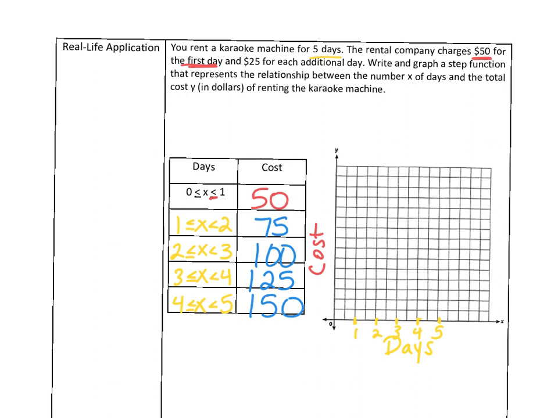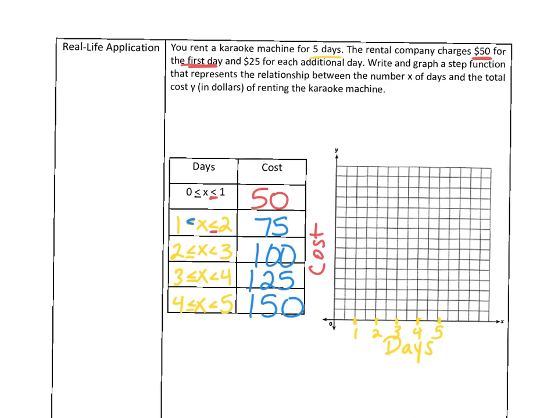And now we'll think about it in the context. So if I was equal to 1 day, what would the cost actually be? It would be 50. So I don't necessarily need that equal sign right there. But what if it was equal to 2 days? It would be the 75. So I do need a line right there. Again, I think this first one was a typo.